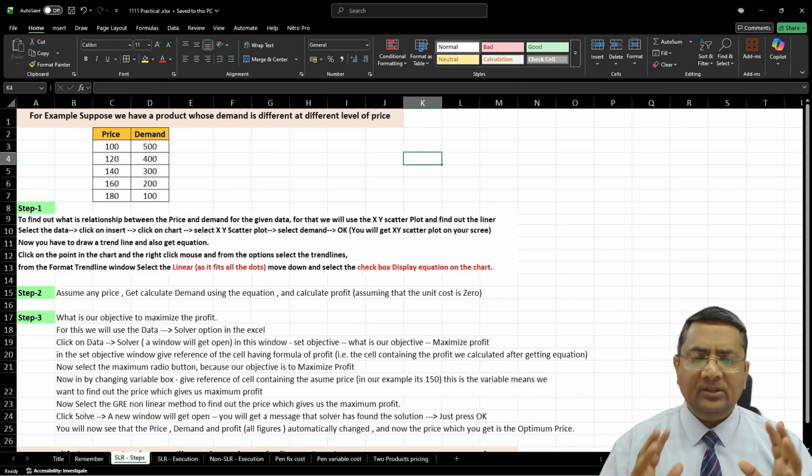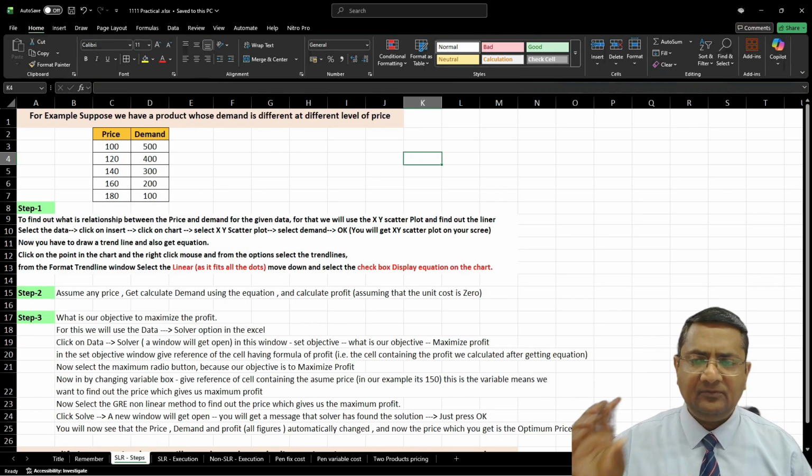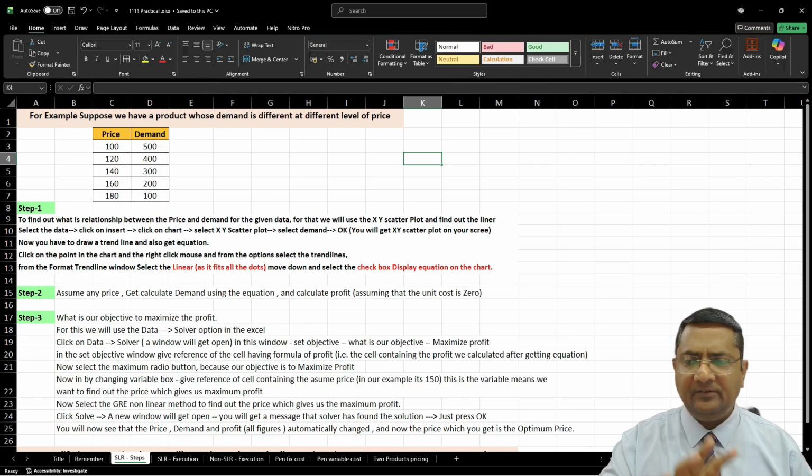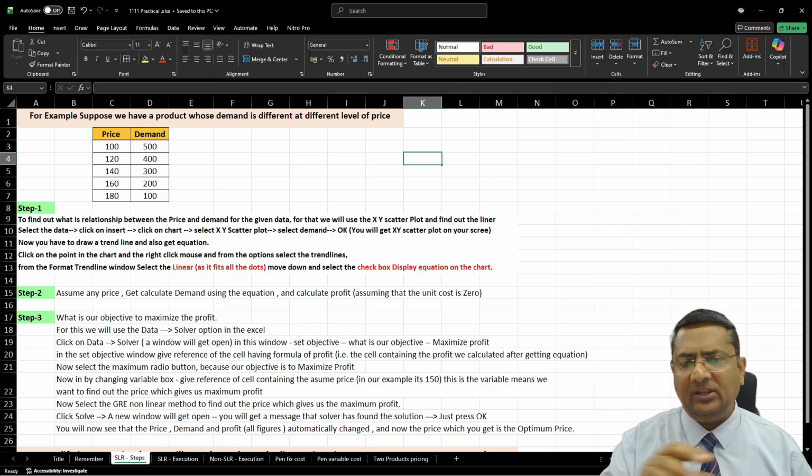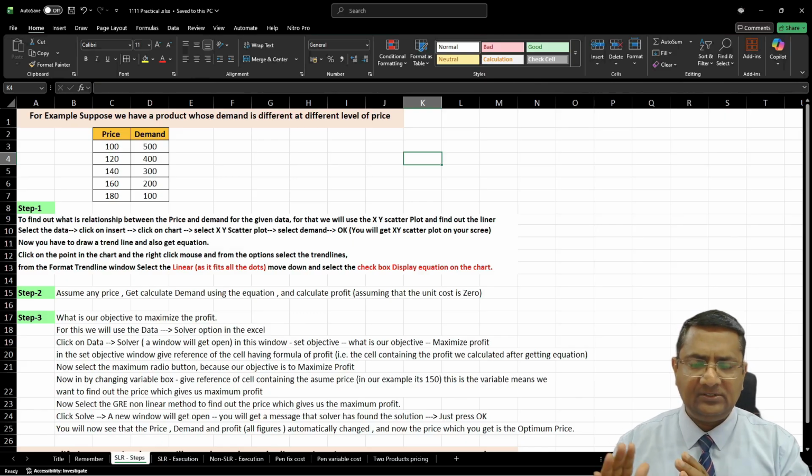Moving further, let's broadly look into the steps. First, we put all the data in Excel. Then we find the relationship between price and demand using a scatter plot or charts. Then we find the best fit line, linear or maybe polynomial, that best fits our data. This is the first step.